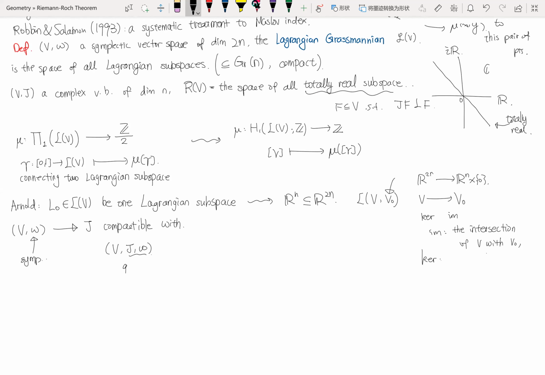That is, we define g(v,w) equal to omega(v, Jw). Then g is a positive definite form, and it becomes a unitary space.